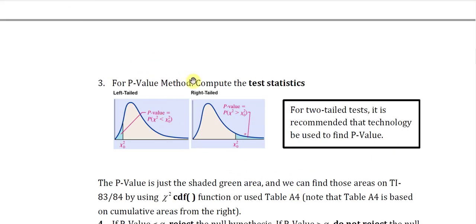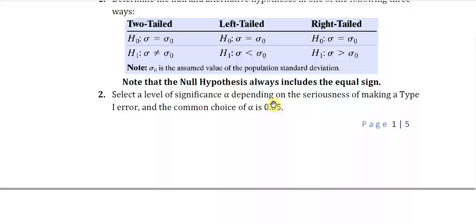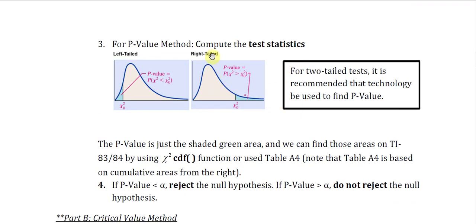For the p-value method, we first compute the test statistic, which is chi-square. For the two-tailed test, it is recommended that technology be used to find the p-value because it is more complicated.